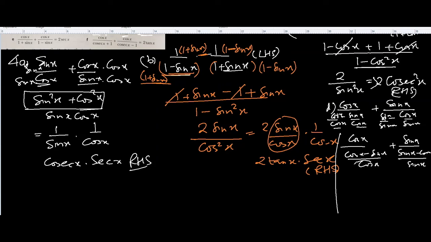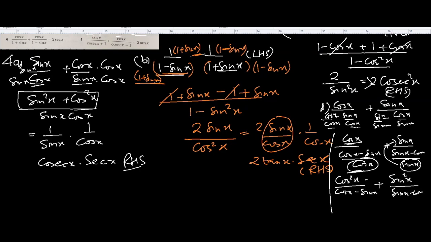We know the denominator of a denominator multiplies with the numerator. So this cos x will multiply with this cos, so it will become cos square x over cos x minus sin x, plus sin square x over sin x minus cos x.